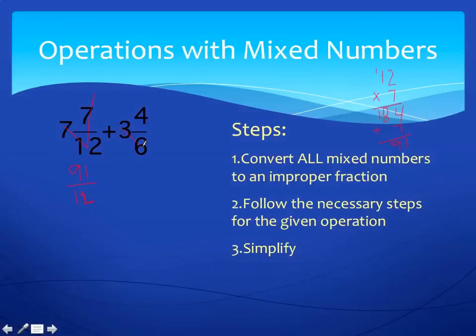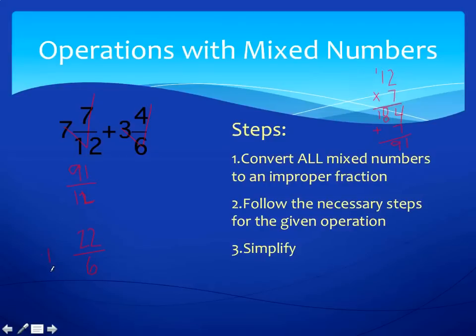So 3 times 6 I know is 18, and 18 plus 4 gives me 22. So that one I could do better in my head. So I'm going to write that down here. That's my new numerator, 22, and I'm going to keep it over my denominator of 6.